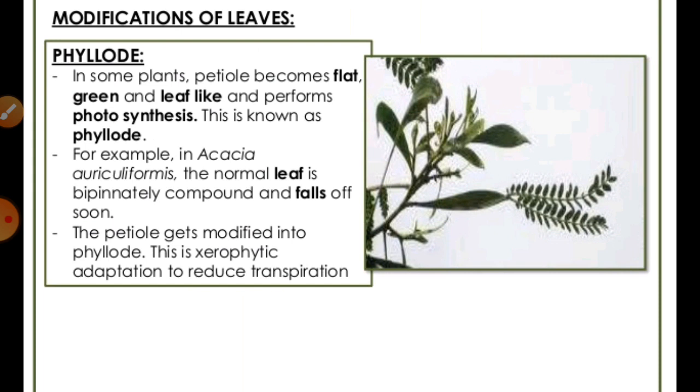Especially such types of leaves can show special structures due to which they can do some other functions also, right. We can say the petiole gets modified into phyllodes. This xerophytic adaptation reduces transpiration.